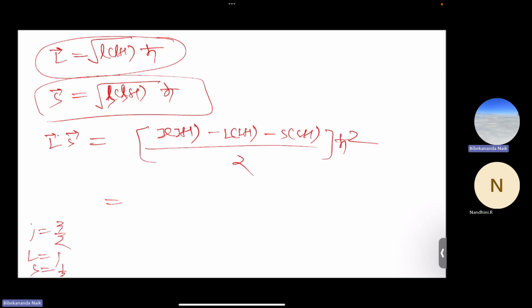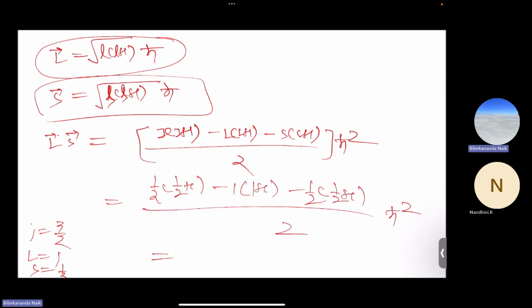If you put these values, it will give 1/2 into 1/2 plus 1 minus 1 into 1 plus 1 minus 1/2 into 1/2 plus 1, divided by 2, times ħ², which will give us minus ħ².